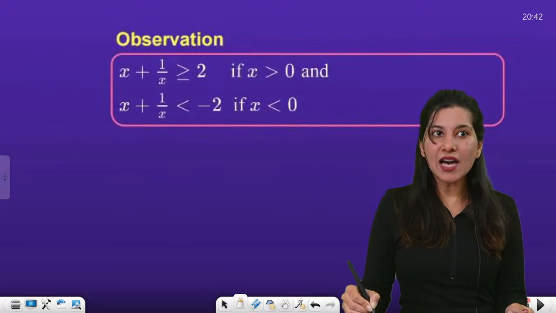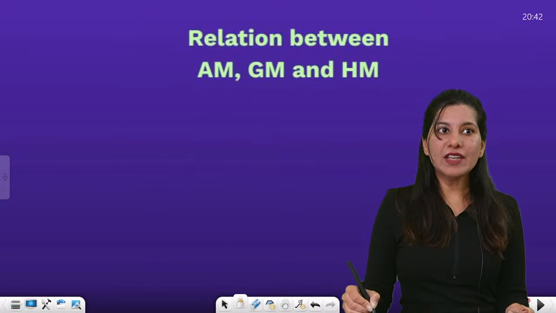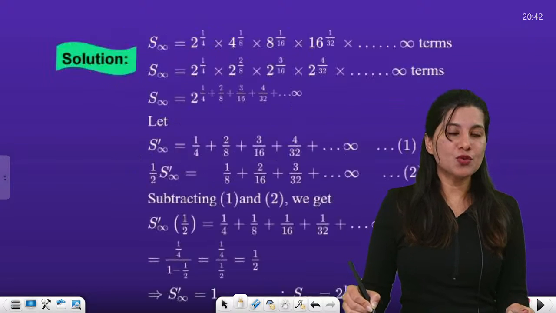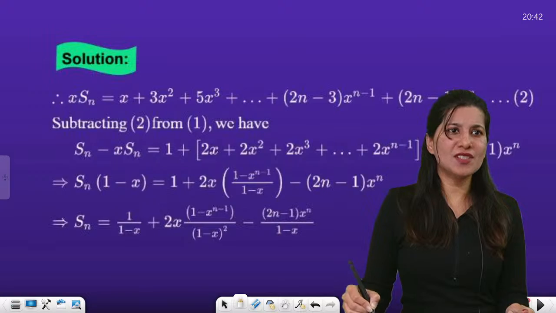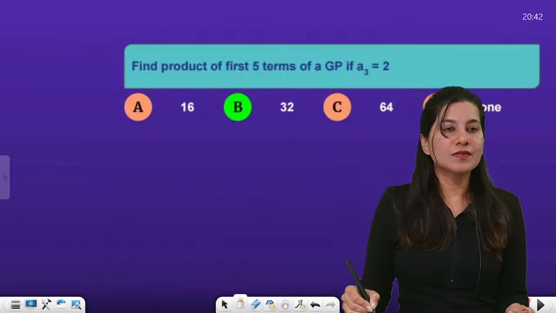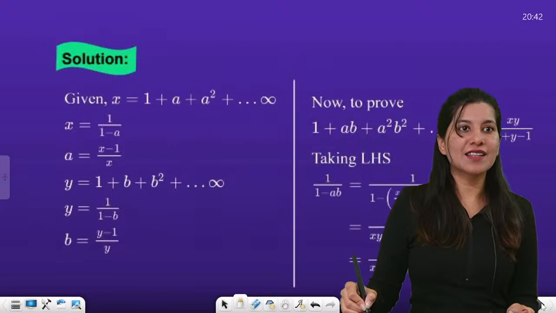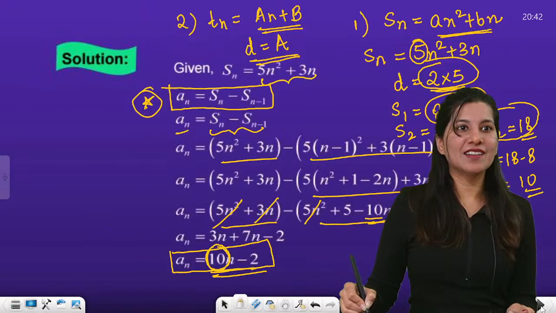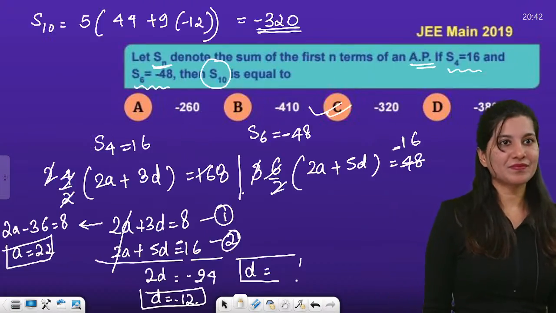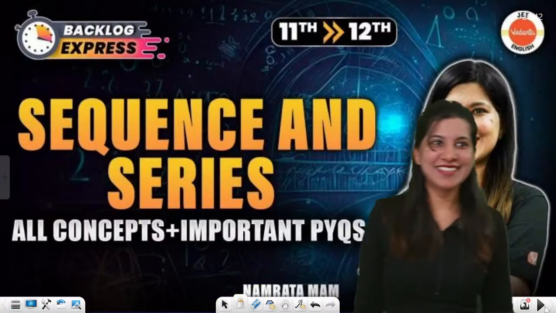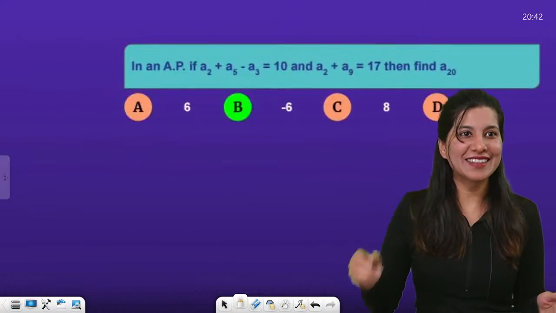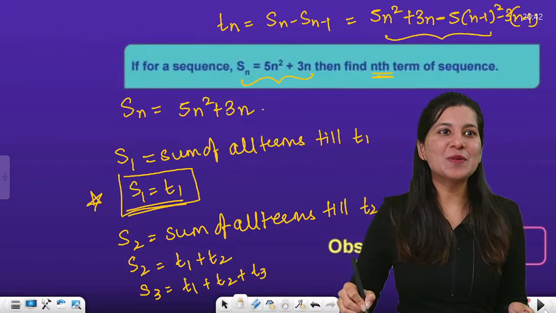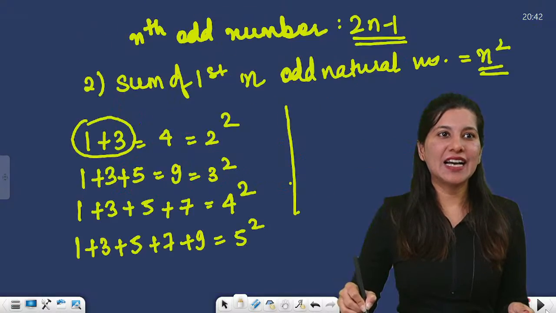a by r square, then a by r, then a. The third term is 2, right? Let me just go back to that question.